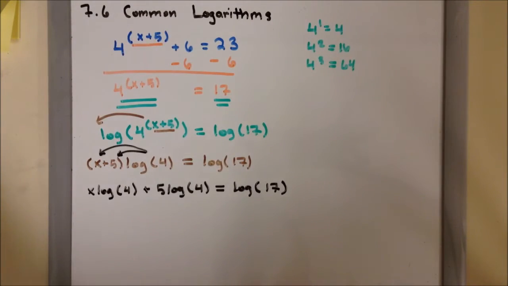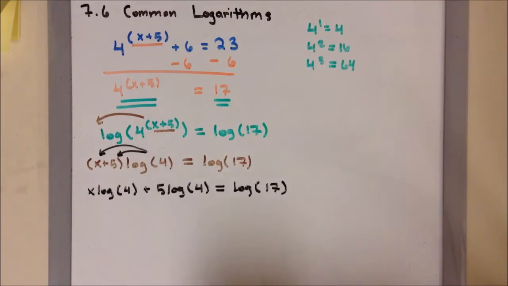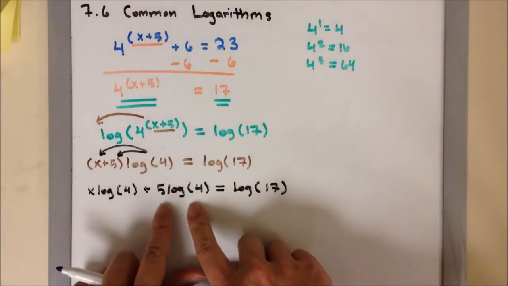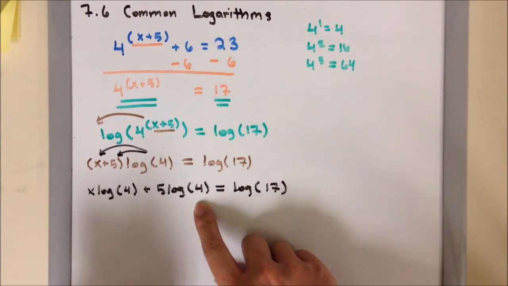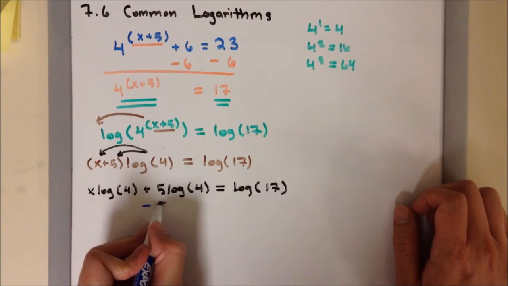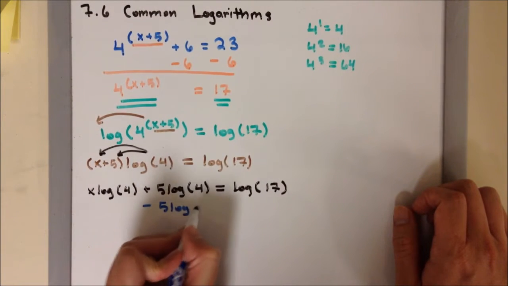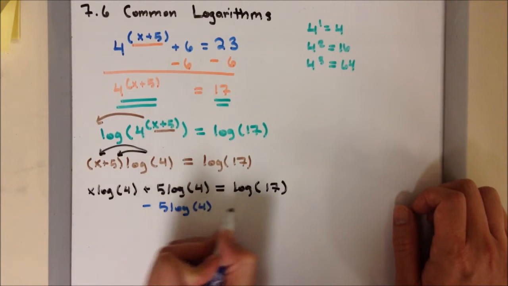Now after that, I need to cancel out 5 log of 4 so that I can get this by itself. So I'm going to subtract 5 log of 4 on both sides.